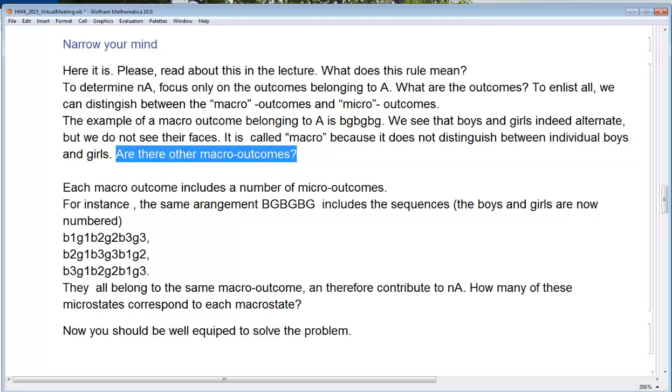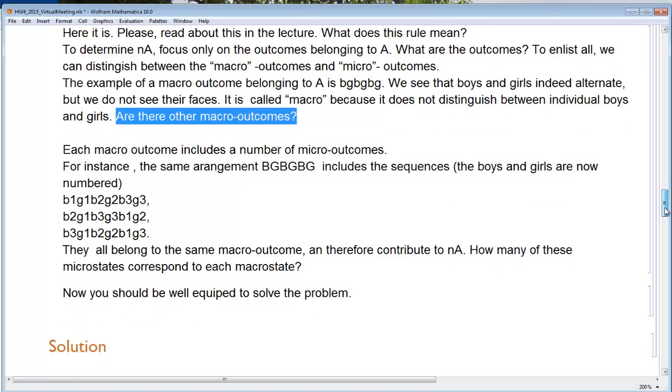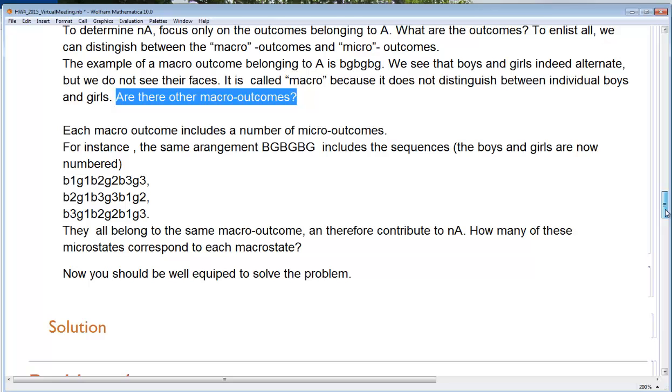Each macro outcome includes a number of micro outcomes. For instance, the same arrangement BG, BG, BG includes the sequences where the boys and girls are now numbered: B1, G1, B2, G2, B3, G3, and the sequence B2, G1, B3, G3, B1, G2, and so on.